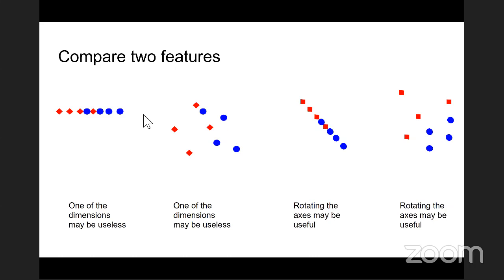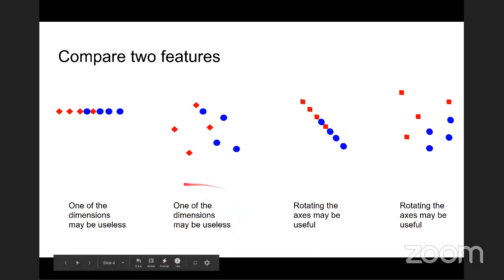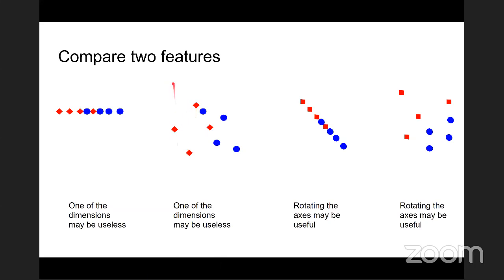Okay. And if you're doing just classification, if you look at this second example, although there is variance in x2, there's variance in the vertical feature dimension, the red points and the blue points, the red rhombuses and the blue circles, are quite interspersed in the x2 dimension.